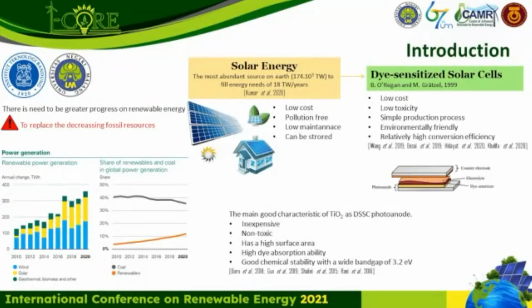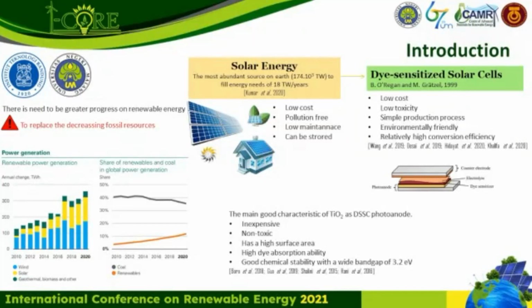Solar energy is the most available source on Earth to fill energy needs of 18 terawatts per year. In our research, we choose dye-sensitized solar cells because DSSC have good characteristics: low cost, low toxicity, simple production process, environmentally friendly, and relatively high conversion efficiency.